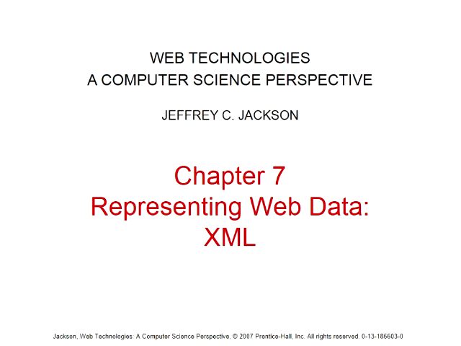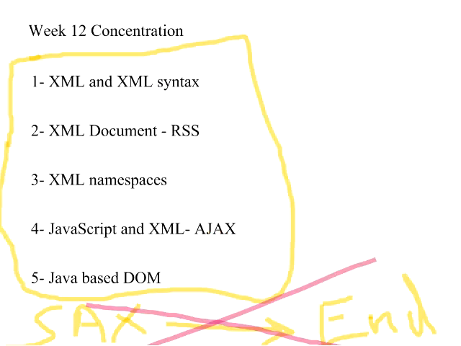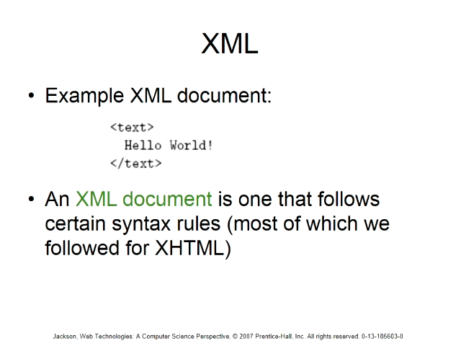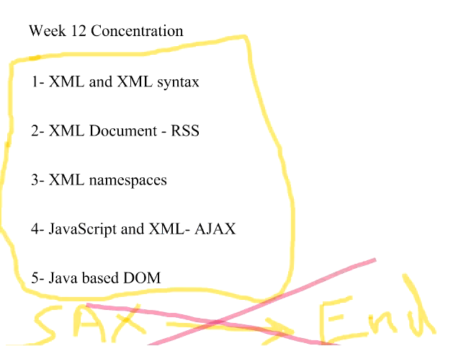So in this session we will continue with chapter 7, representing web data with XML. Before starting this session, I will ask you some questions to review all the topics in face-to-face class. In face-to-face class we talked about XML and XML syntax.